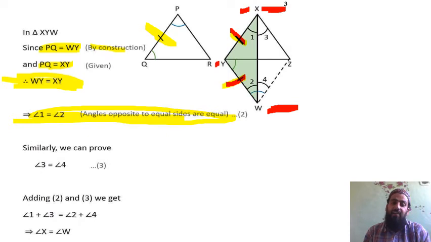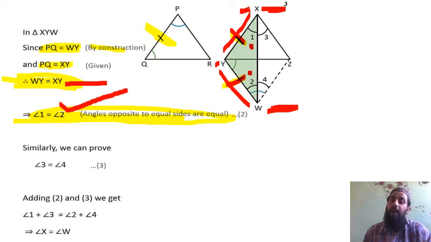To side XY, you will find that the angle opposite to it is angle 2, and to side WY, the angle opposite to it is angle 1. So if WY equals XY, then the angles opposite to them will also be equal. That is, angle 1 will equal angle 2.